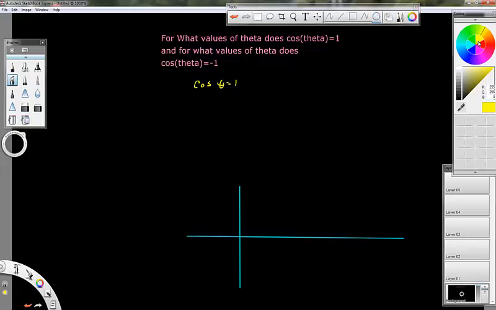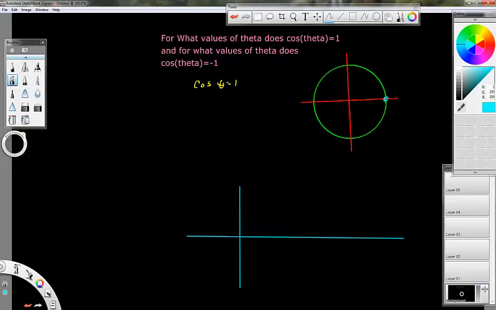Okay, so we're going to go to the unit circle, and make an XY axis through it, much like we did for the graph. Now, I didn't video the graph of the cosine function. I did the graph of the sine function yesterday, so we're going to kill two birds with one stone here and look at that.